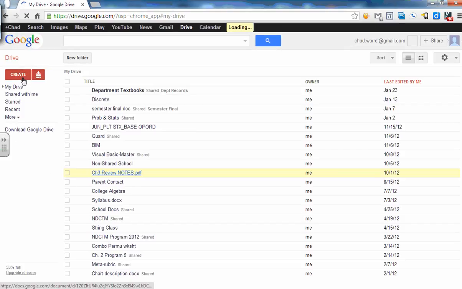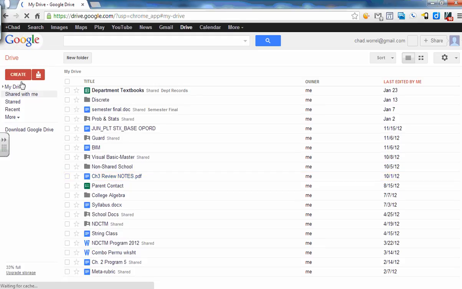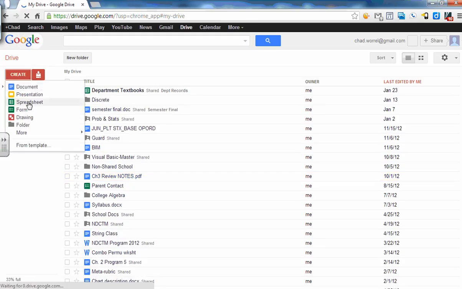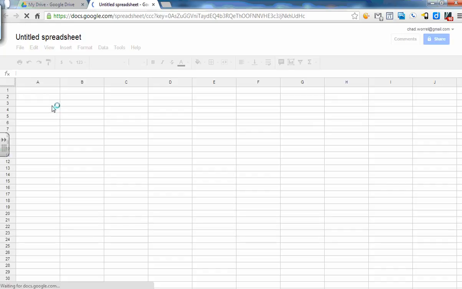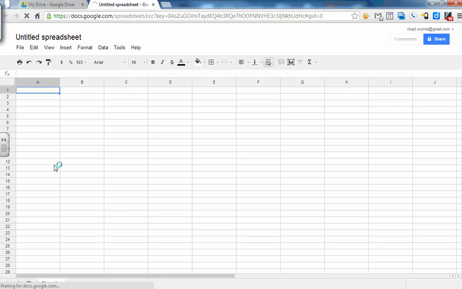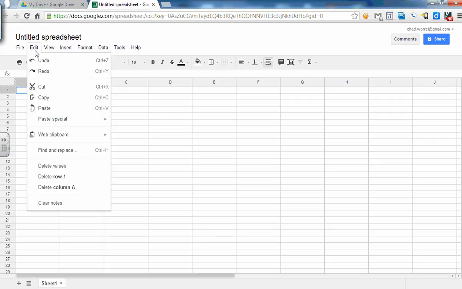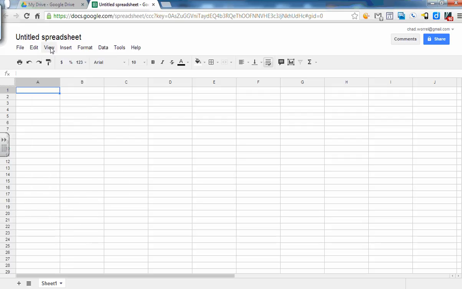So we can create, and you can do a spreadsheet. Enter all your values into the first column here. So go through and enter every single number into this first column, and then highlight the first column.